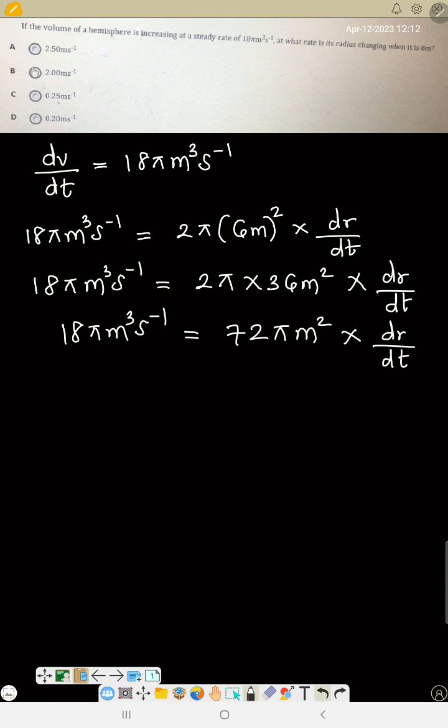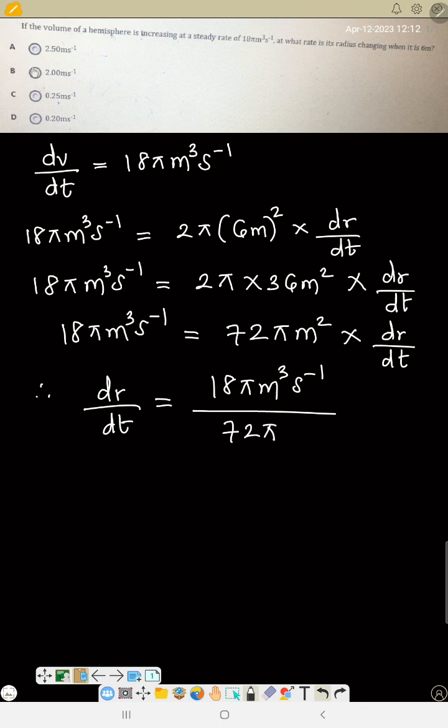Now what is your dr/dt? Divide both sides. So dr/dt is equal to 18π m³ per second divided by 72π m². The π will cancel out, the m² will cancel, and it remains 1 m there.